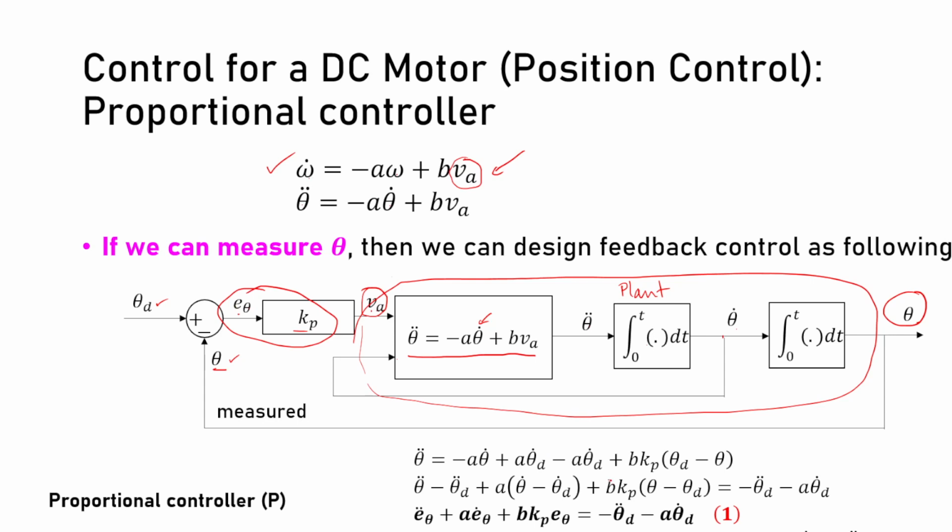So you have theta double dot equal to minus a theta dot plus b times e theta.